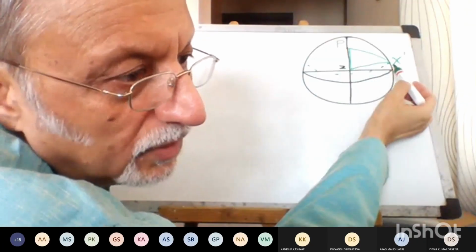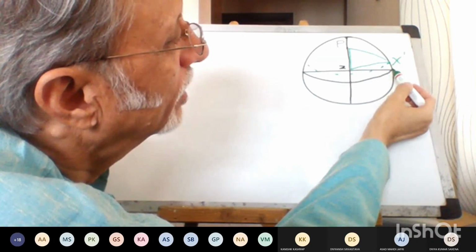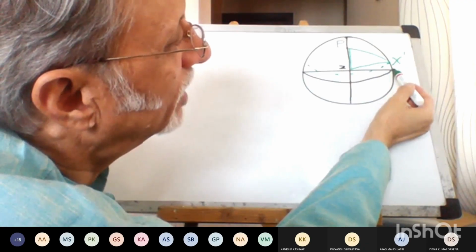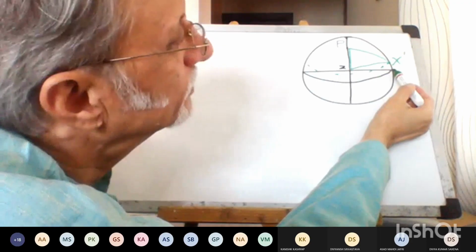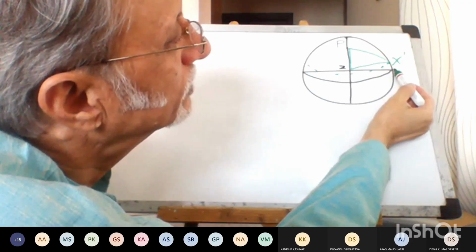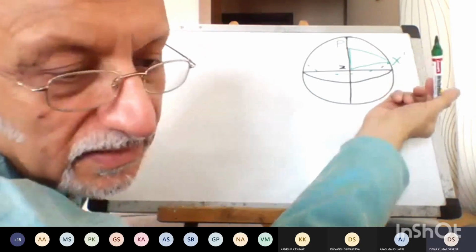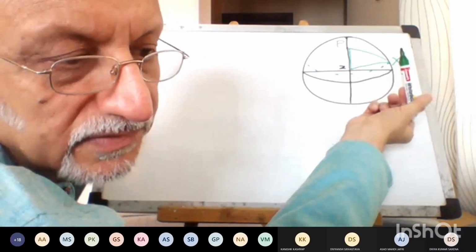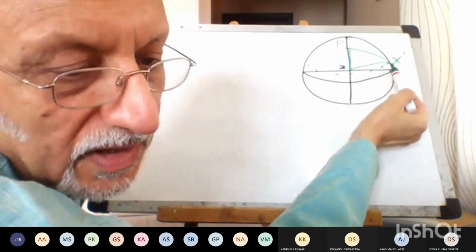In that case, what else would have been 90? If the body would have been here, then the azimuth would be what? So 90. So in that case, we have a spherical triangle with one side 90 and azimuth 90.